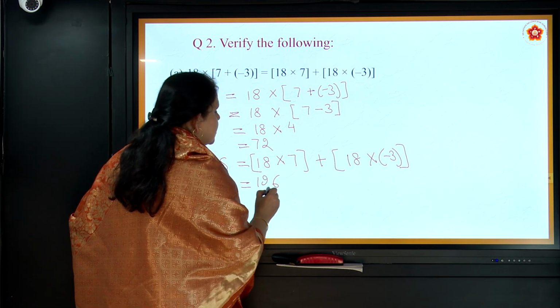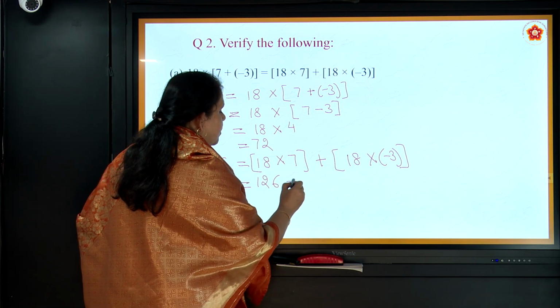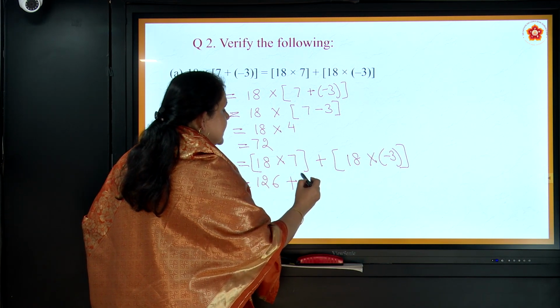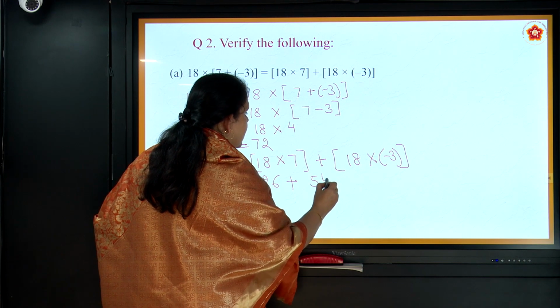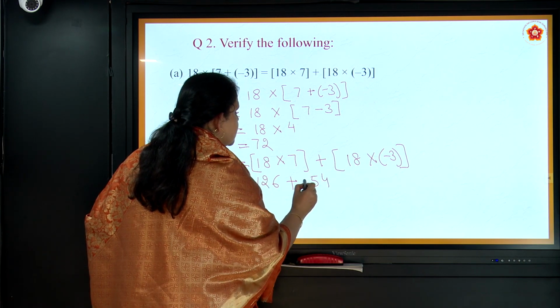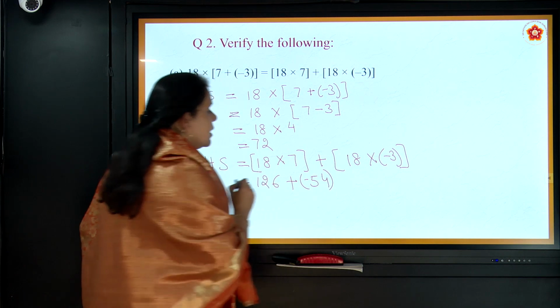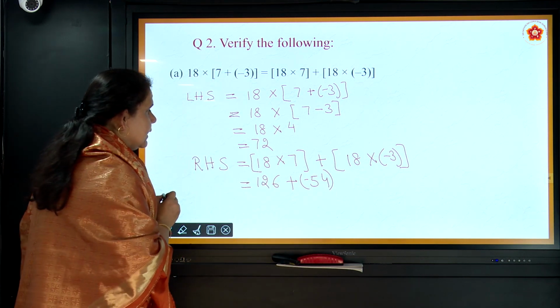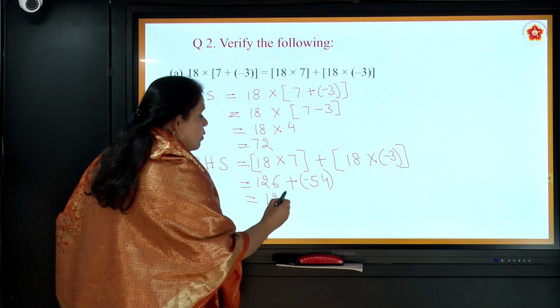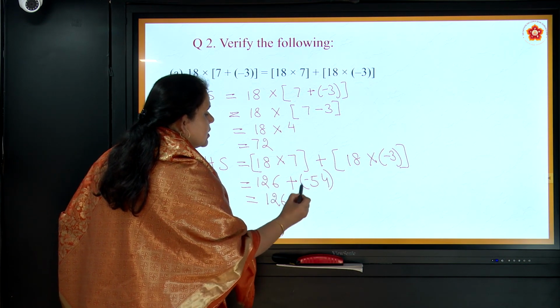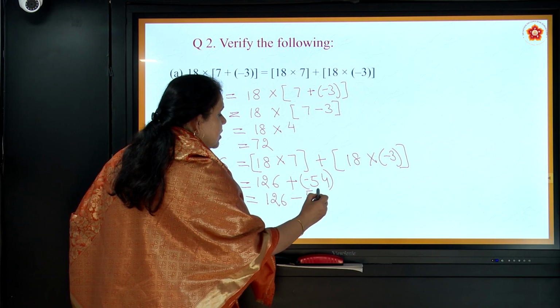So we get 126 here, plus what is 18 threes are? 18 threes is 54, and 1 is plus, other is minus, so there would be a minus sign here. Let's simplify it. 1 plus and 1 minus is minus.